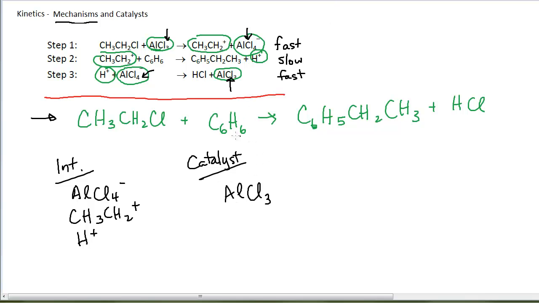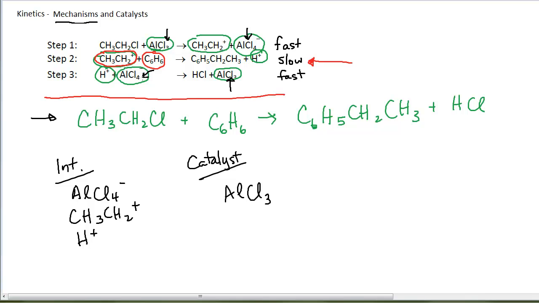So I could label my catalysts and my intermediates, I could find my overall reaction, and I know that experimentally my rate law must agree with the slow step, which would indicate that I am first order with respect to C6H6 and first order with respect to an intermediate.